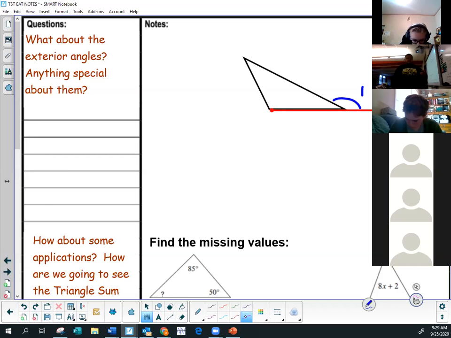So there are two relationships that are worth examining here. The first one is super boring. The other one, I think, will be a little more interesting. Let's talk about this angle being angle 2, this angle being angle 3, and this being angle 4. Okay, so let's get the boring relationship out of the way.